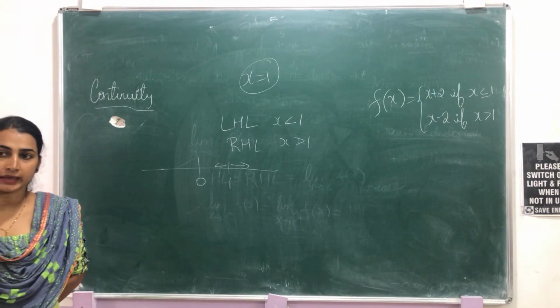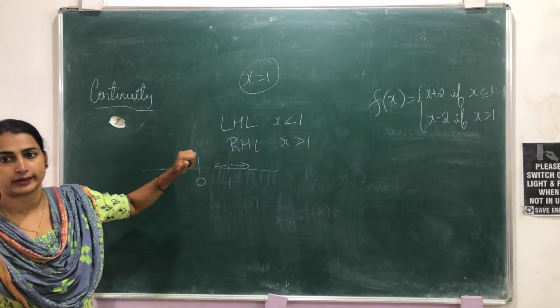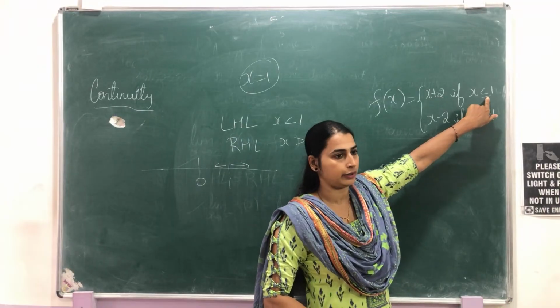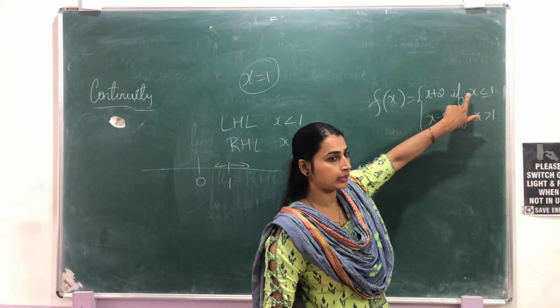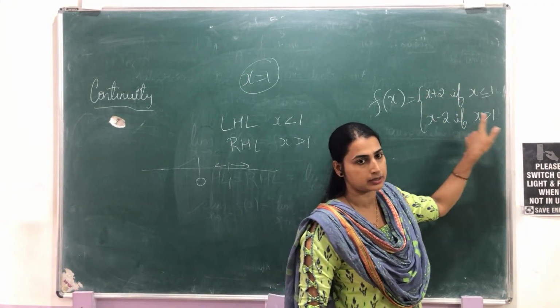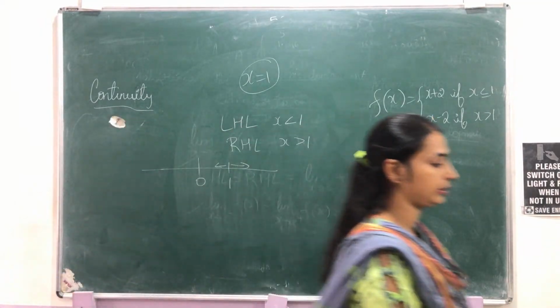A function is said to be continuous if left hand limit equal to right hand limit, and which is equal to value at that point. Here value at that point is here equal to 1. Also it is lesser, and here you have greater. So from this you will get the left hand limit, from this you will get the right hand limit. We will listen to the class. Okay, got it? So first we will check the left hand limit.